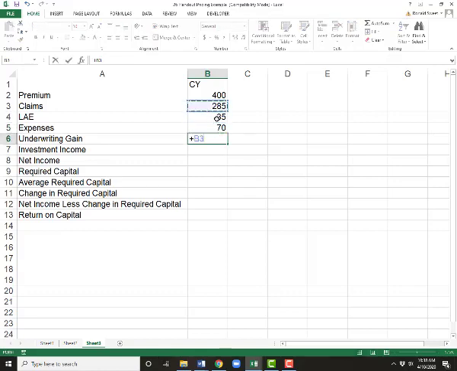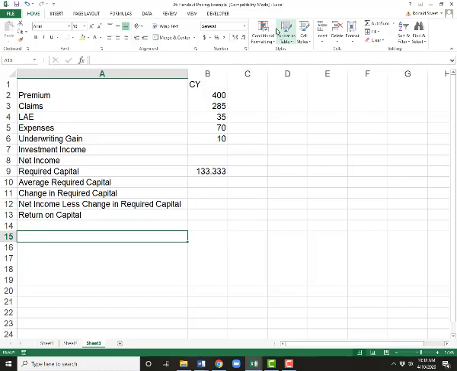So plus your premium, minus your claims, minus your LAE, minus your expenses. So we have a 10. Our required capital is the premium divided by 3. So 133.33.